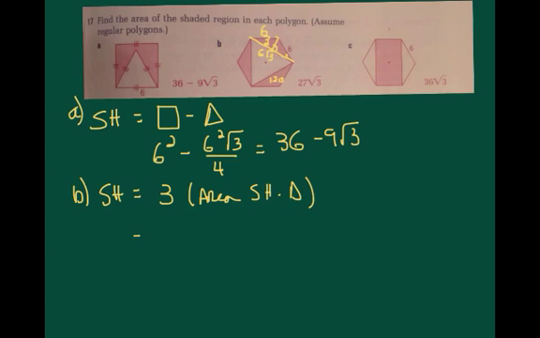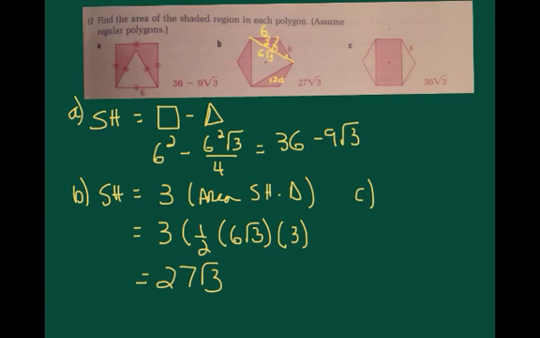Okay, so my final area will be 3 times 1/2 the base, 6 root 3, times that height, which we said was 3. If I simplify that, I get 27 root 3.